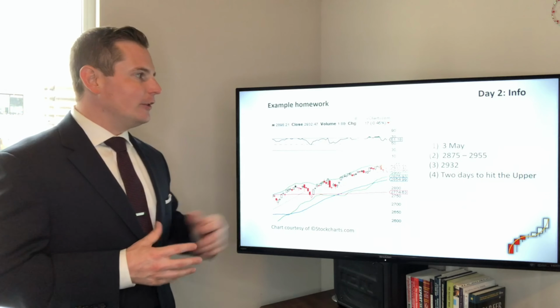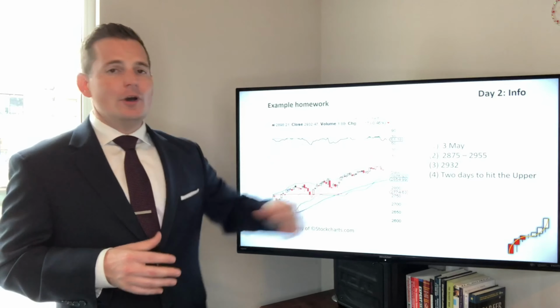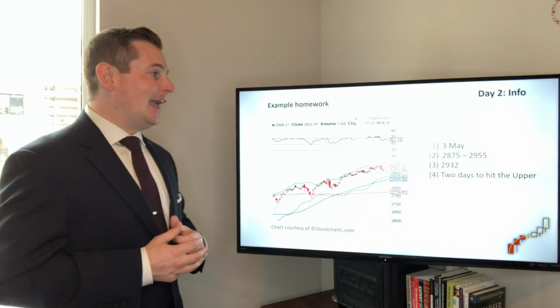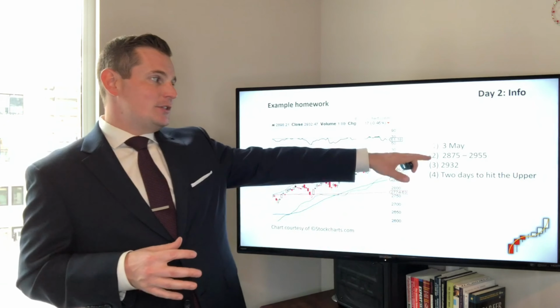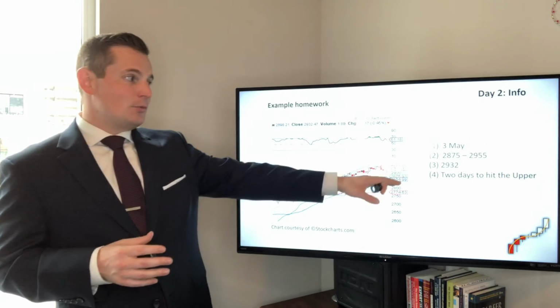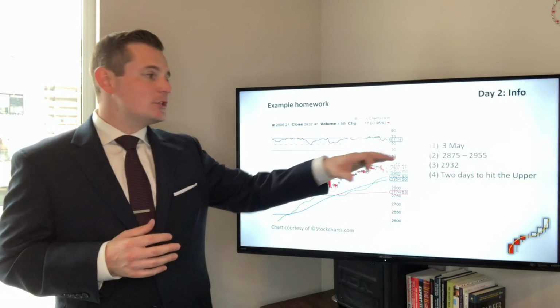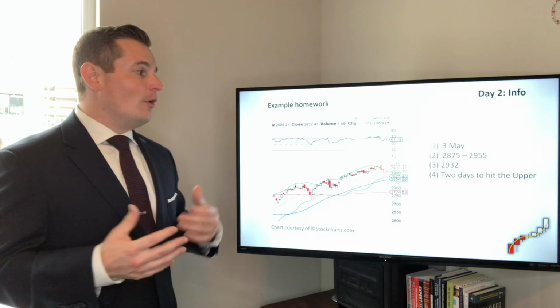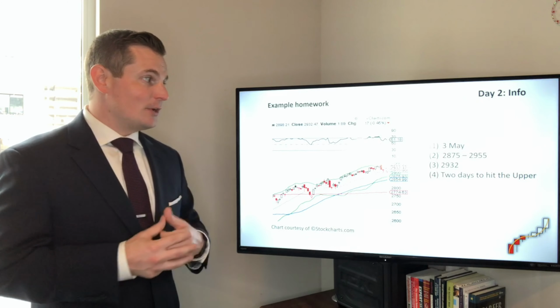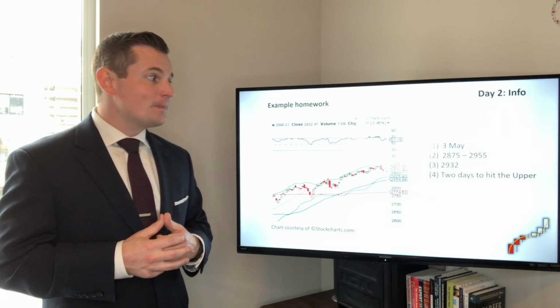This chart was from a while ago, but it was 3 May, and the Bollinger Band range for the S&P 500 was 2875 to 2955. So that was step number 2. And then step number 3 was to write down the current close price, which was 2932.